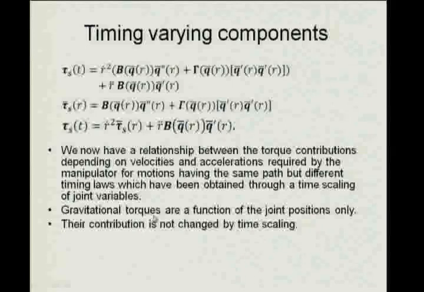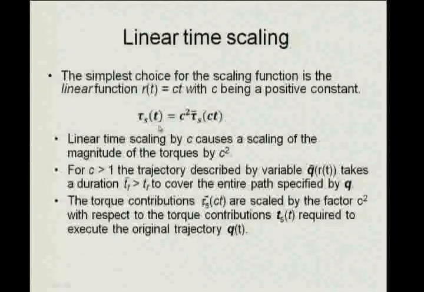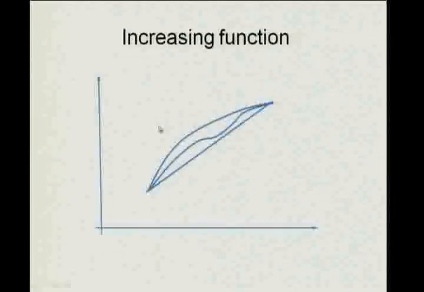Okay. So, we know this formulation. I have popped out these terms. So, locally I have to modify r dot and r double dot to change the local accelerations. The simplest choice is to just do linear scaling. So, I am between here and here.